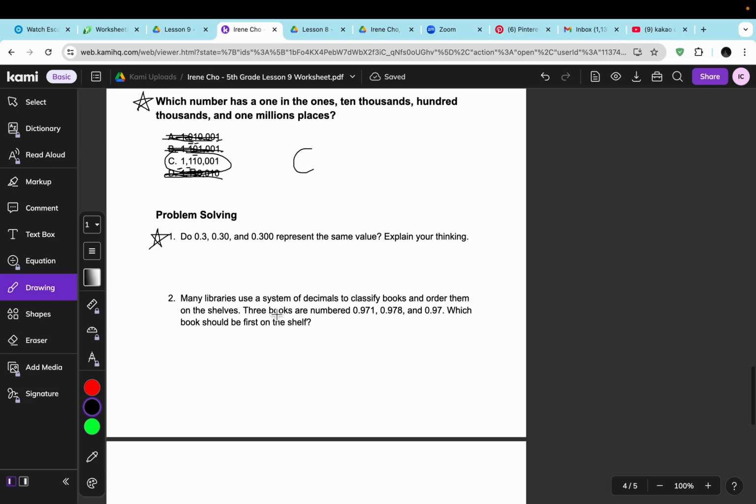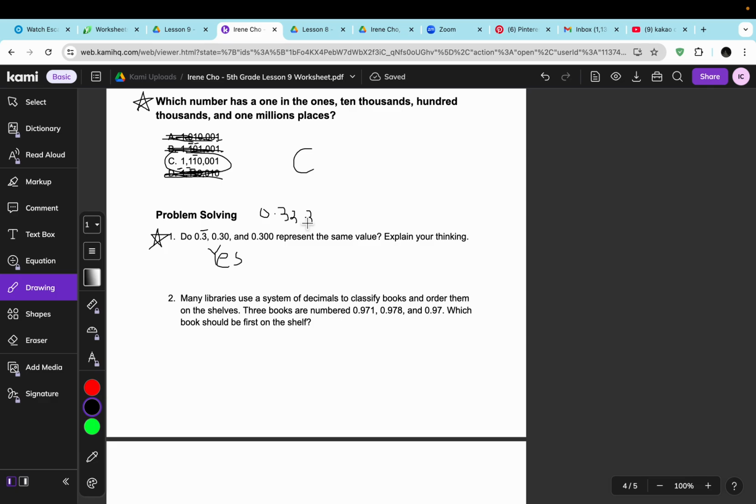For the next question, it's problem solving, and it says do 0.3, 0.30, and 0.300 represent the same value? Explain your thinking. So it's yes, because as I said in the previous question, unless the decimal has a repeating decimal sign, which is a line above the number, which indicates that the number is 0.333 and goes on to infinity.